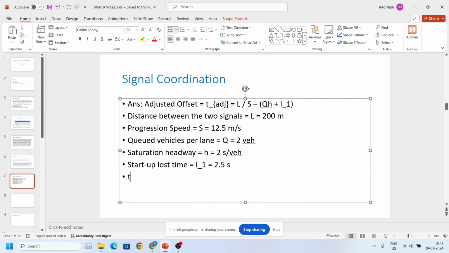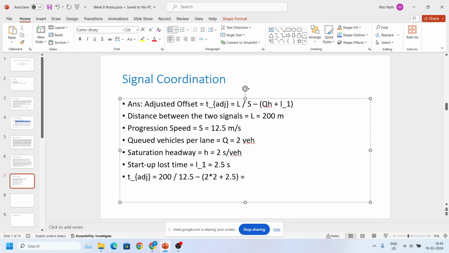So now it's very simple. Your T adjusted is L, which is 200 divided by 12.5, minus Q, which is 2, times H, which is also 2, then plus L1, which is 2.5.